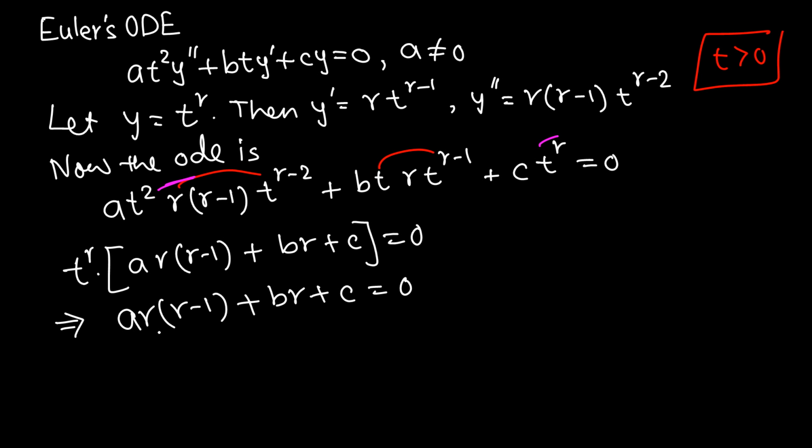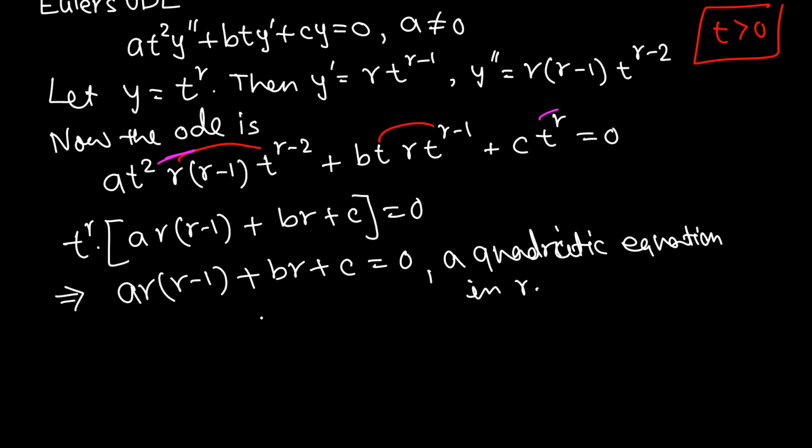Now when we distribute, a r squared, so this is a quadratic, degree 2 equation in the r variable.